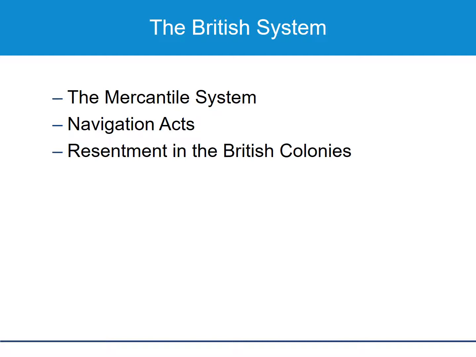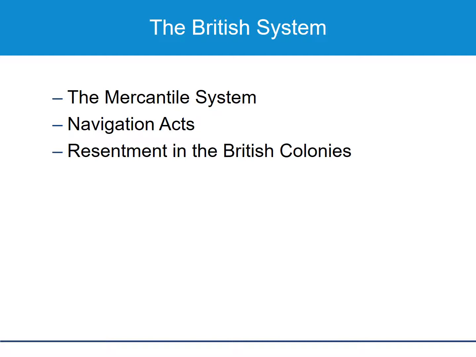So in a system like that, we see that the British are going to have a lot of trade restrictions on these American colonies. And beginning during the 1660s, we see that there are going to be a series of what's known as the Navigation Acts. The Navigation Acts were primarily aimed at the major products produced in the colonies.